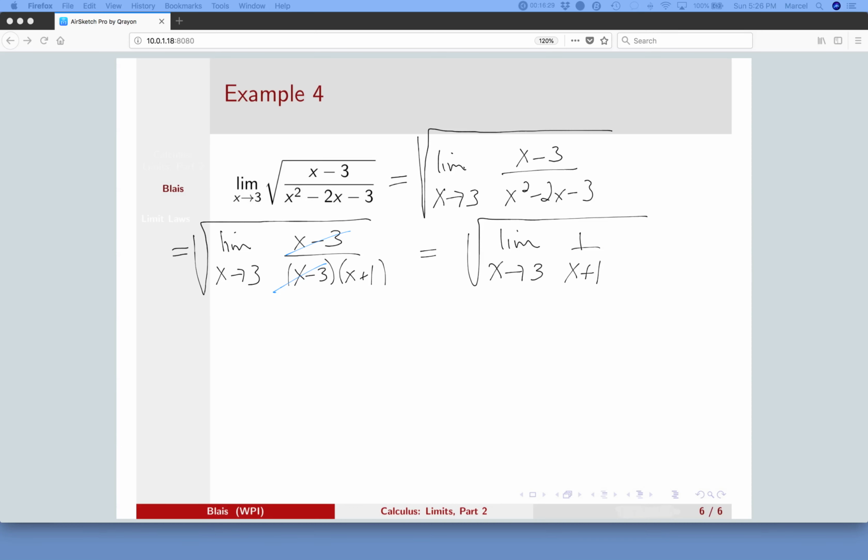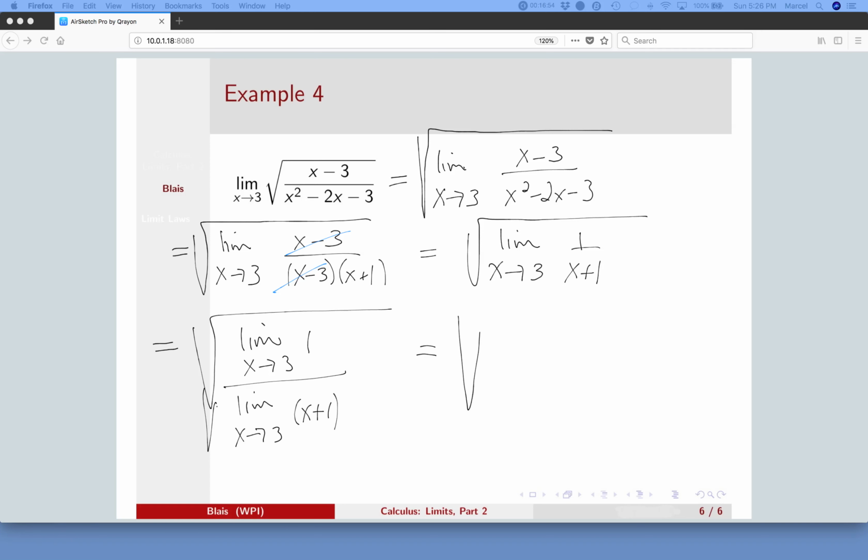to say what's in the square root sign would be, and I can write it so that we see it explicitly, the limit as x goes to 3 of 1 over the limit as x goes to 3 of x plus 1. So again, this would be by our quotient law. Then in the numerator, the constant law tells us that this limit is just 1.